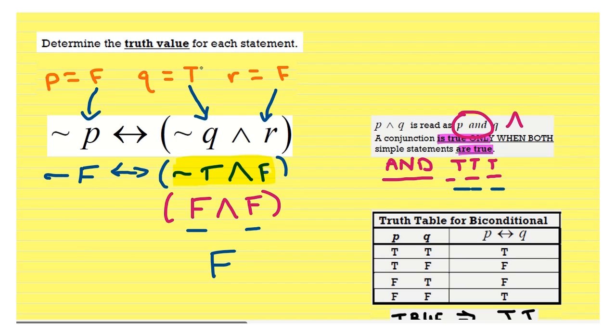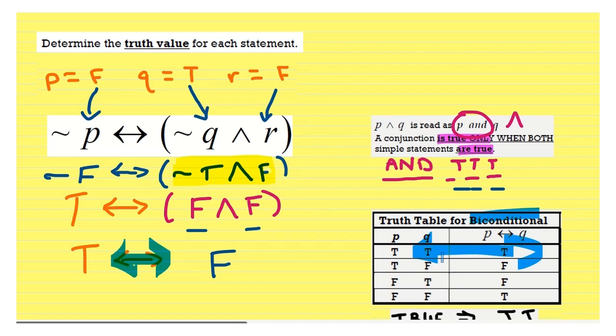So over here, let's go ahead and work this side down. I've got not false over here. So what is not false? Well, not false is true. So I've got true if and only if this, and we just keep bringing this down. If and only if is a biconditional statement, the double-sided arrow.